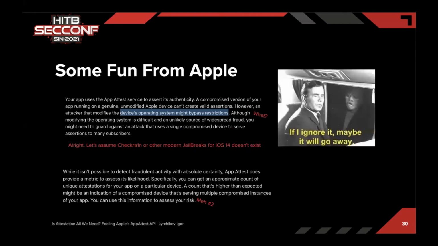On this screenshot we can see a kind of unclear acceptance of the fact that they can't do much against jailbreaks in terms of detection. And somehow you need to figure it out on your own, probably.